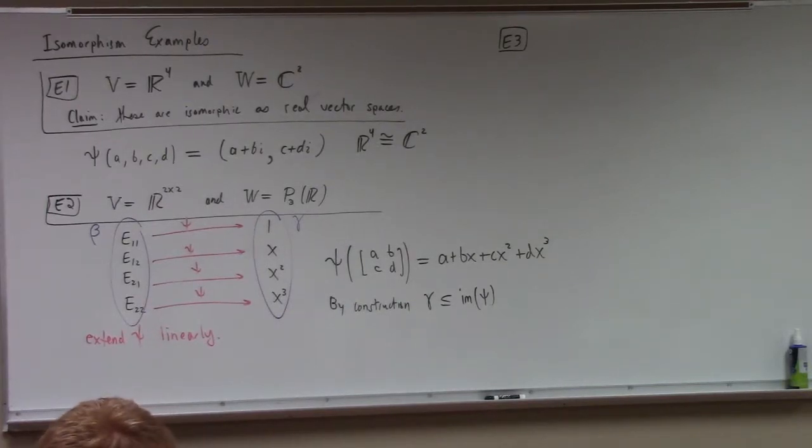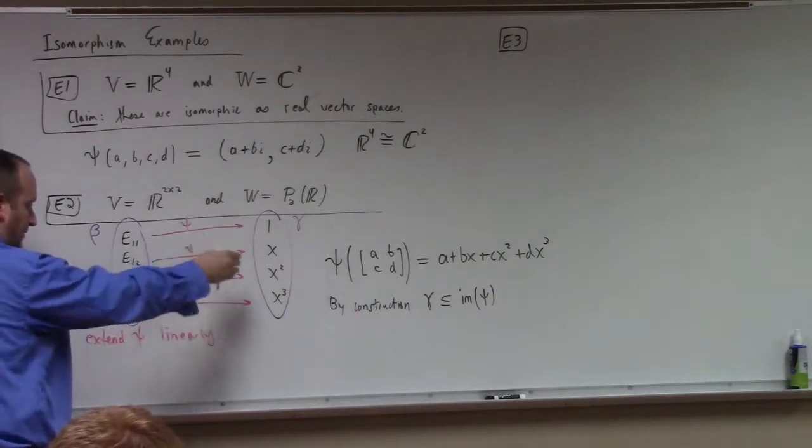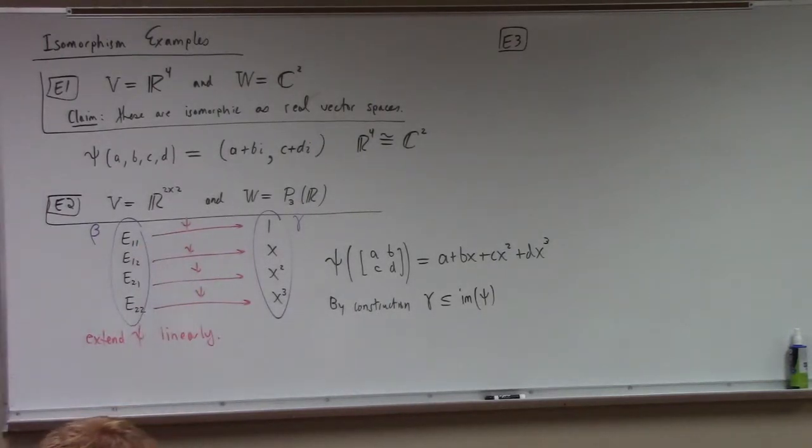I know it is. I'm quite certain of this. This is a theorem you could prove, which is that if you define a function by linearly extending, mapping one basis to another, it will necessarily be the case that such a map is an isomorphism. It has to be both one-to-one and onto.